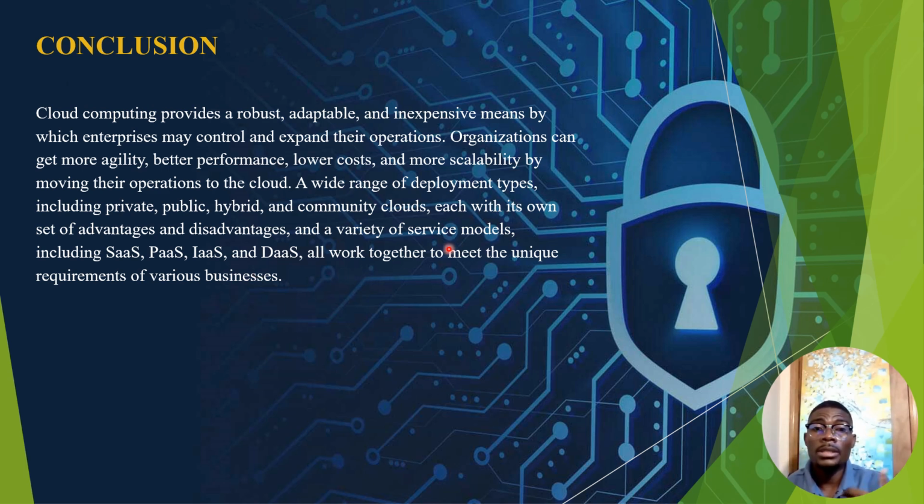And the varieties of service models, including software as a service, platform as a service, infrastructure as a service, and desktop as a service, all work together to meet the unique requirements of various businesses. These are important points that we need to take into consideration in order to migrate our entire infrastructure to the cloud.